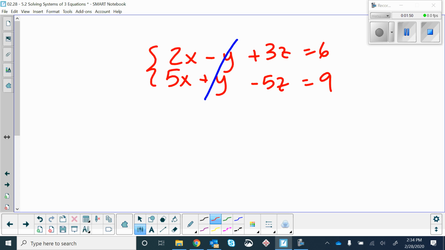But the reason why I'm sticking with the way I'm doing it today is it sets a good foundation for how we will solve matrices in the next unit. So the way I'm doing it will be the same way as we do matrices. And so that's why I'm doing what I'm doing today. But you're welcome to choose your method. As long as you get the right answer, I'm okay.